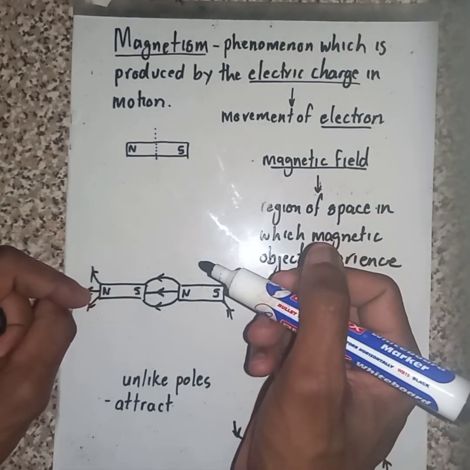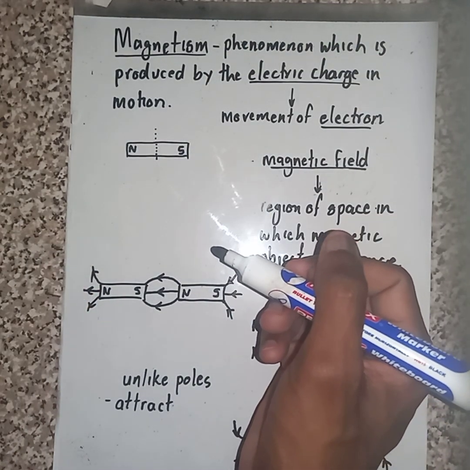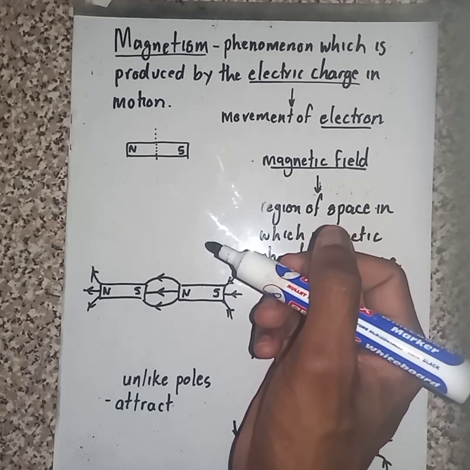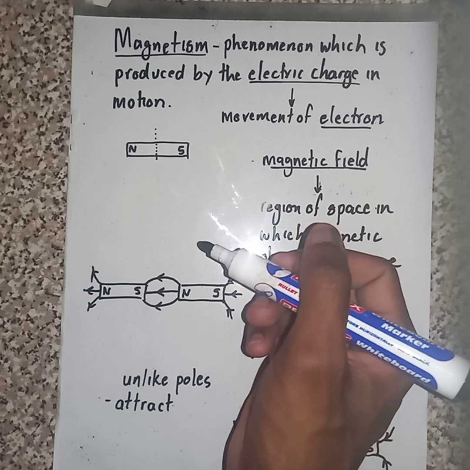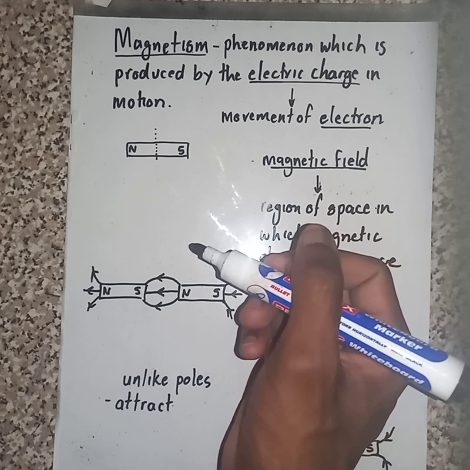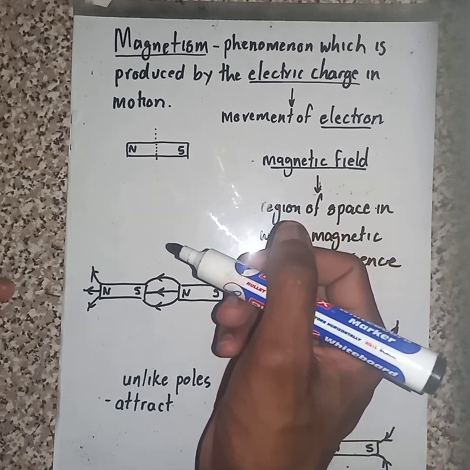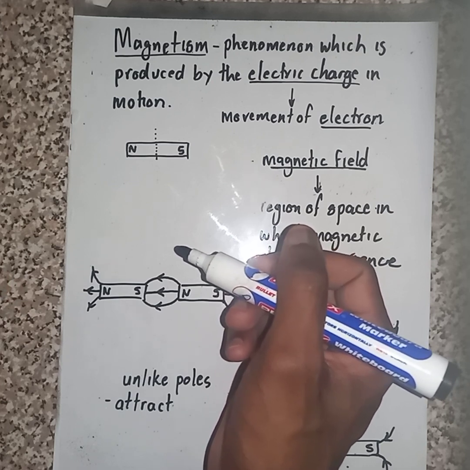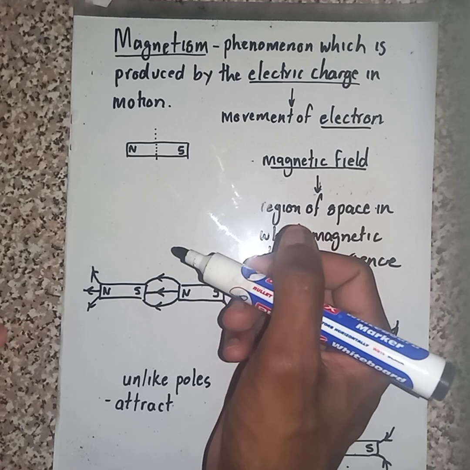You see, a magnet, you must know that a magnet always exists in dipole phase. That means it always has what? North and south pole. A magnet always exists like that.